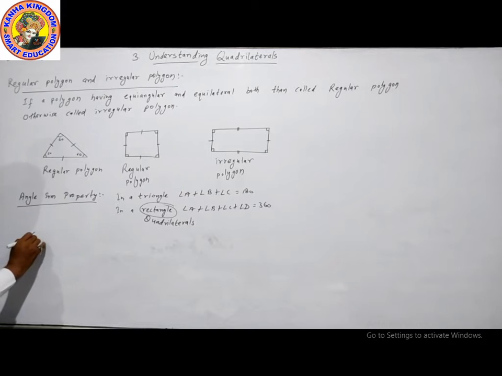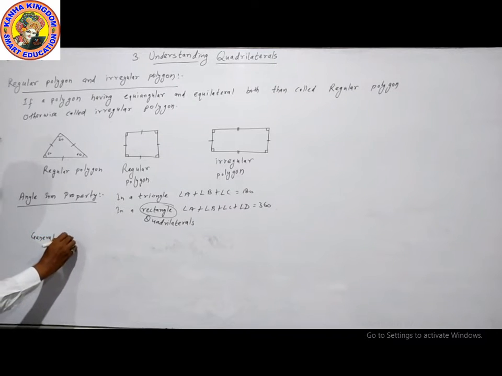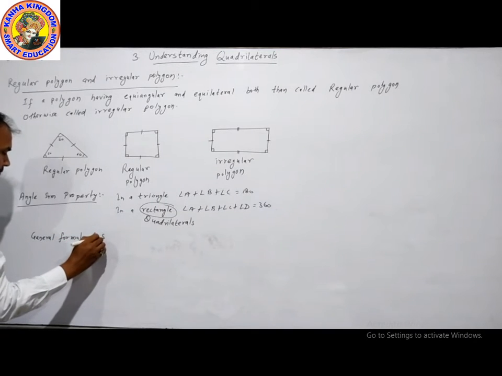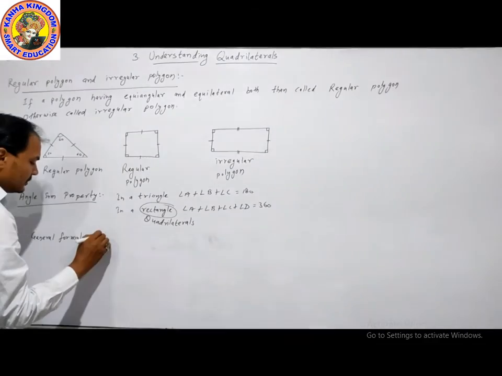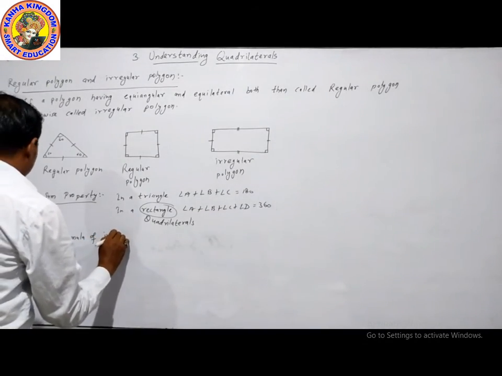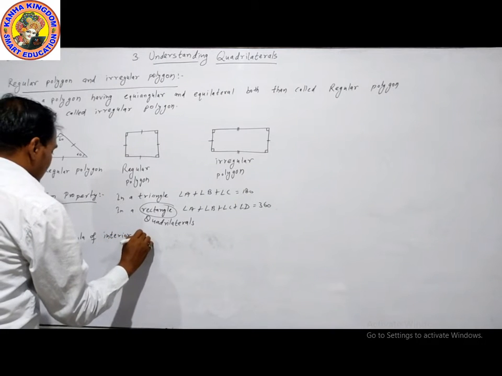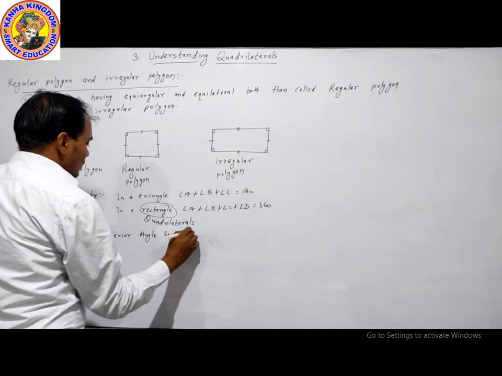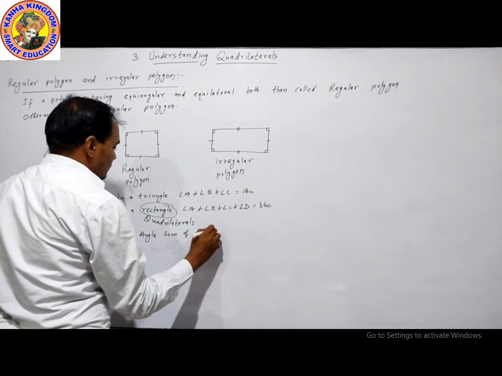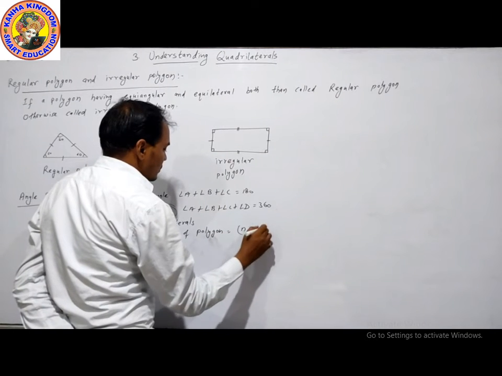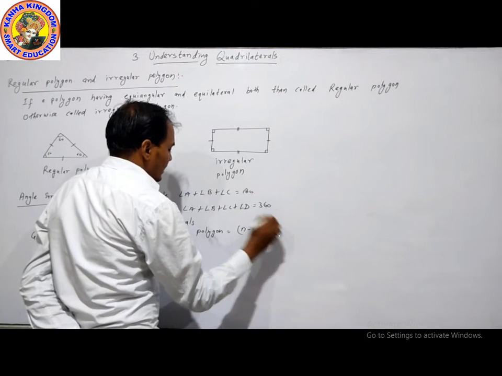So there is a general formula for the interior angle sum of a polygon: it is equal to n minus 2 into 180 degrees.